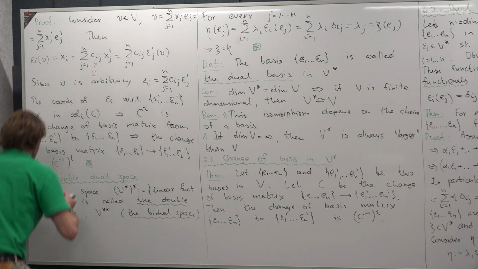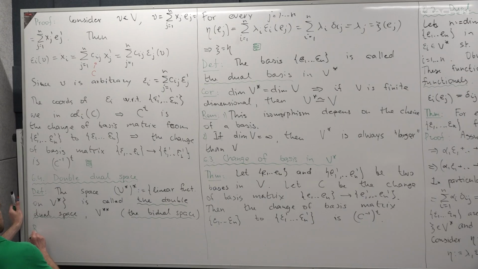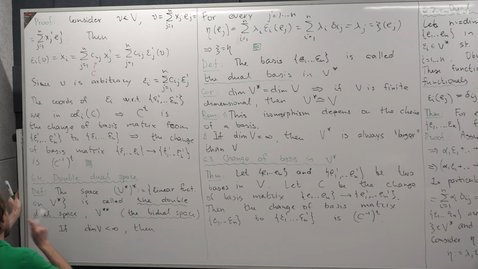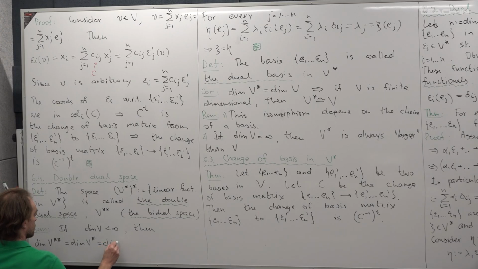And so let us make a remark. If the dimension of V is finite, then the dimension of the double dual space is equal to the dimension of the dual space, just because it is the dual space to the dual space, and it is also equal to the dimension of the initial space.